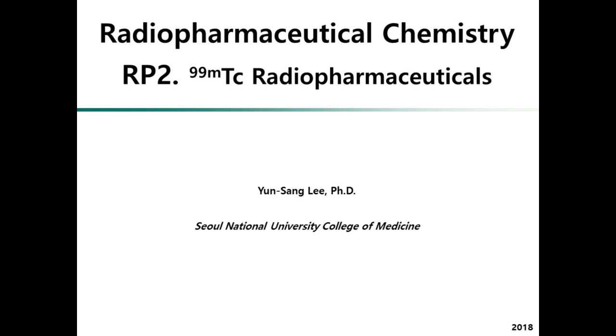So that's why every technetium generator contains technetium-99. After one elution, the quantity of technetium-99 is dramatically decreased. Then after some time, you have a higher content of technetium-99m.